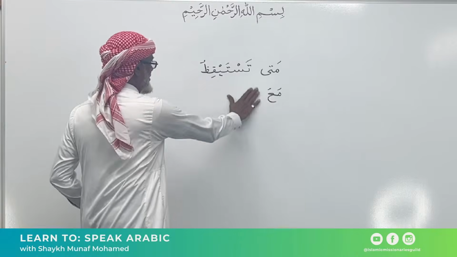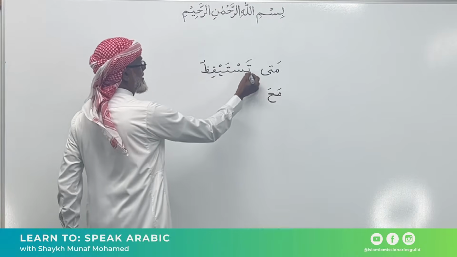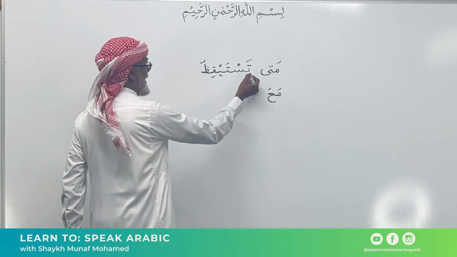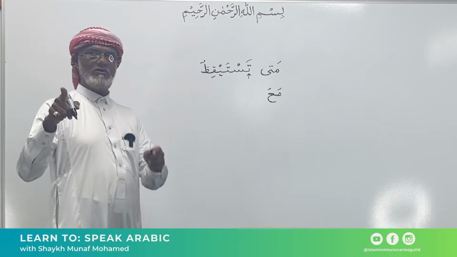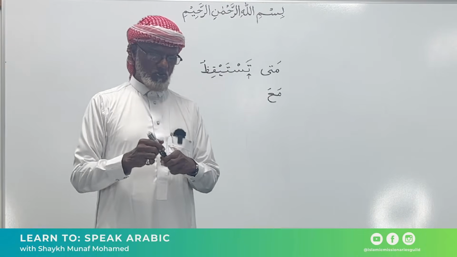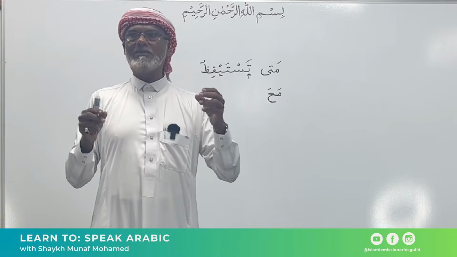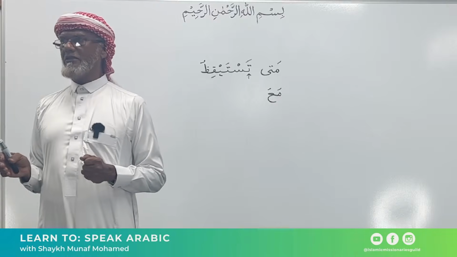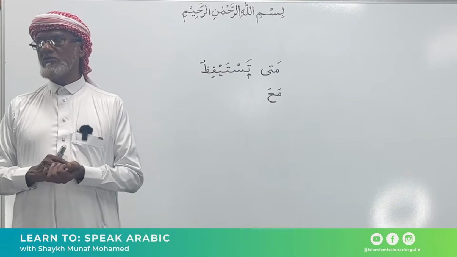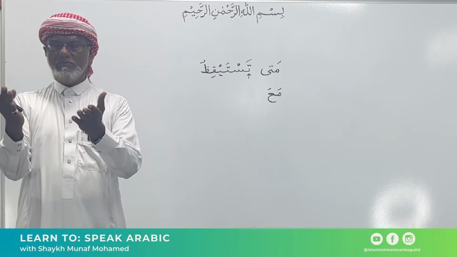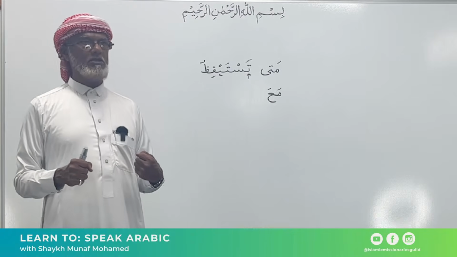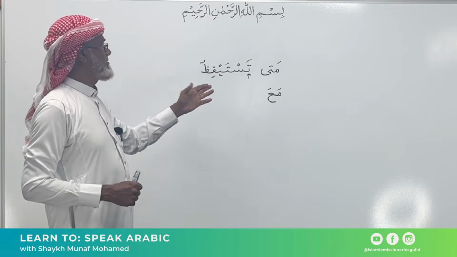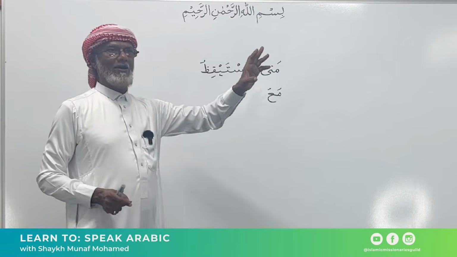So mata tastayqiz. Why did I write this word here? Because I want you to notice this ta is when you're addressing a person, you. Just like what we did just now, tadhhab. So when you're addressing someone, that is the second person, when you're talking to somebody, and you're using the imperfect tense, you start with a ta.